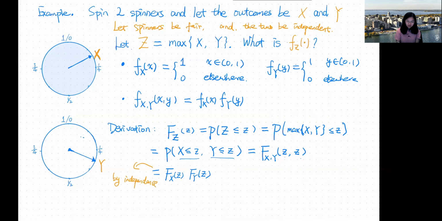And the marginal CDF is related to the PDFs in the following way. It's the integral from minus infinity to z of the PDF of X dx, times the integral from minus infinity to z of the PDF of Y dy.